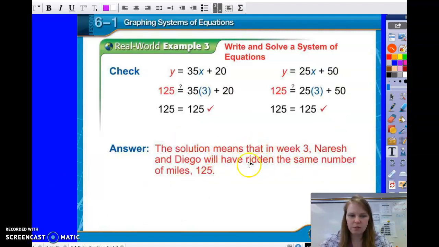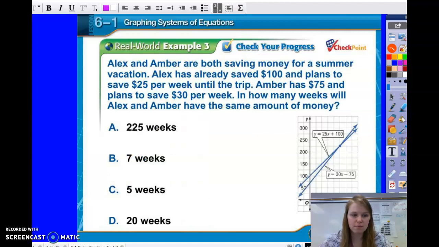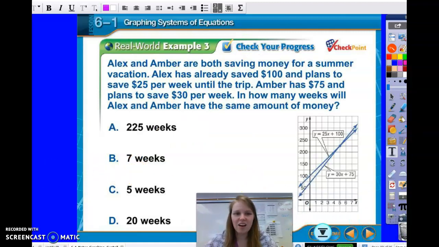They will have ridden the same number of miles. If this is how we're solving this, you have to be careful graphing. So be very careful. Use a ruler, use graph paper, and be cautious with it. Be careful. Precise.